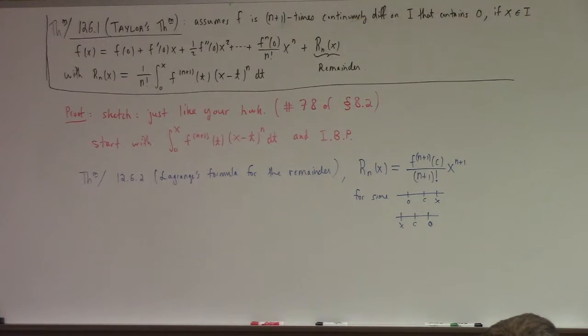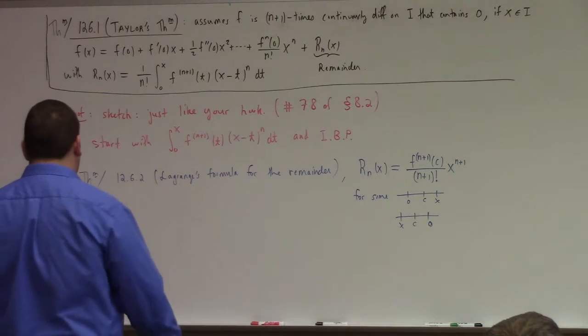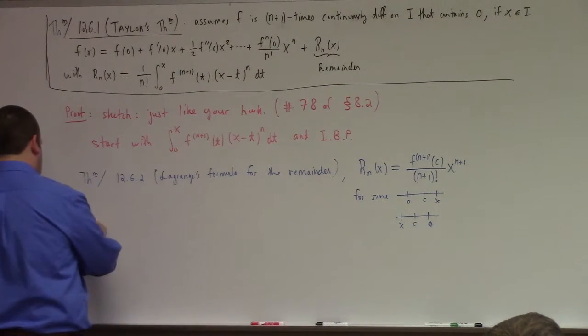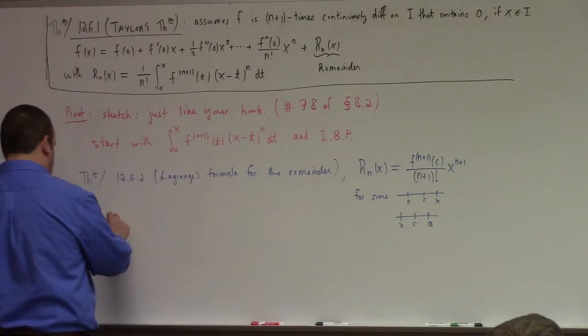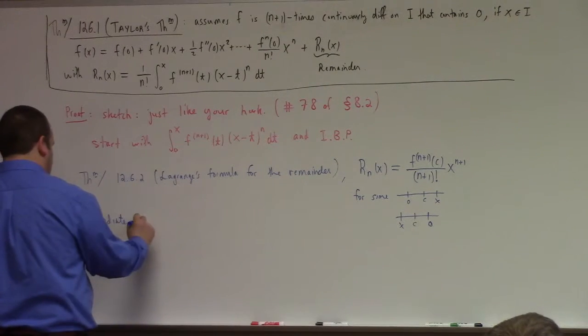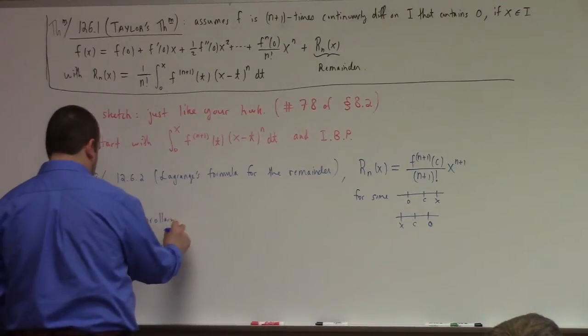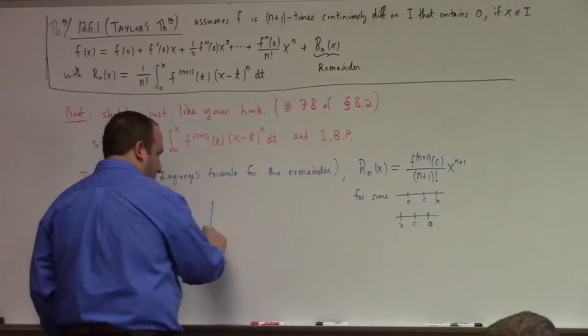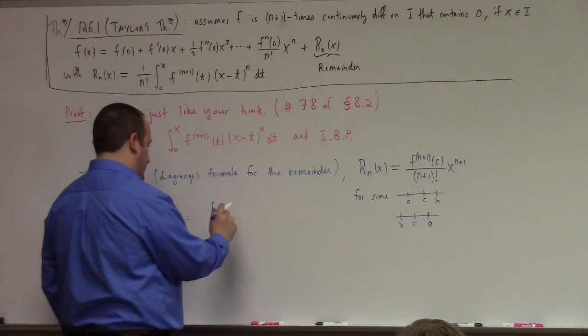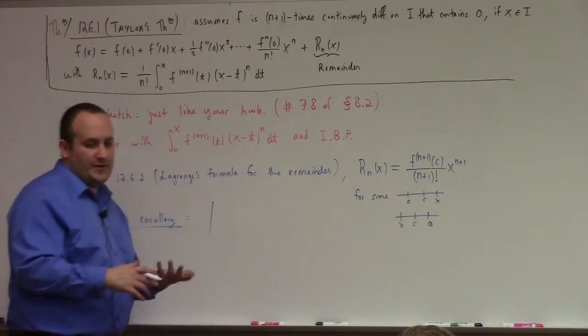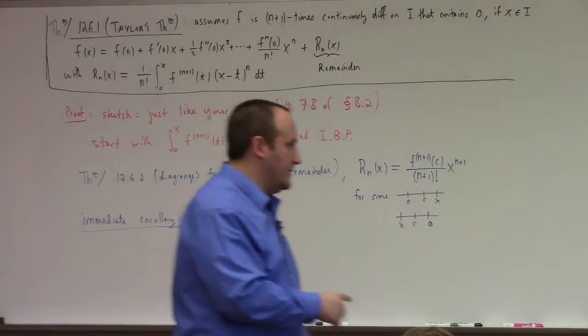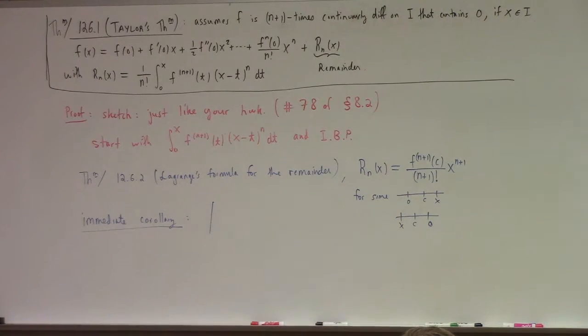All right. And an immediate corollary would be that, well, let's see here. If you can bound the n plus 1th derivative, then you can bound the size of the remainder, right?